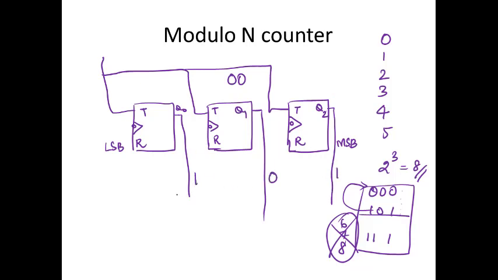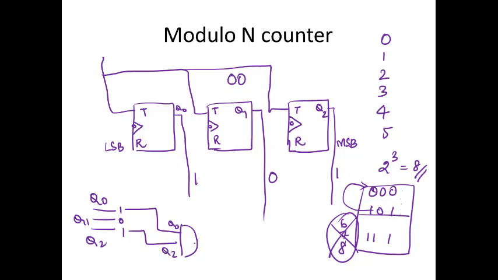So this Q0, Q1 and Q2 is my output 101, of which I am going to select 2 bits. I will be taking Q0 and Q2, this 1 and 1.